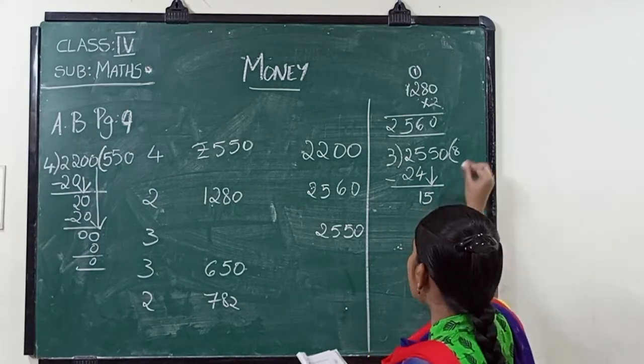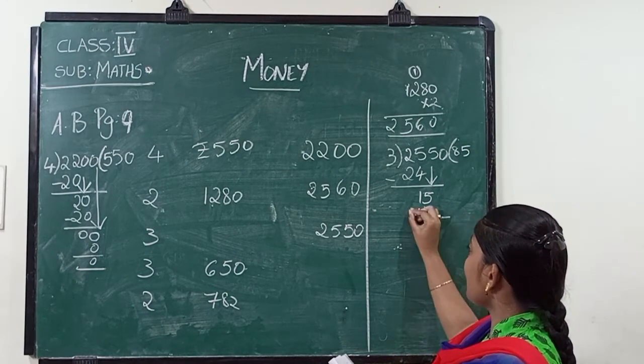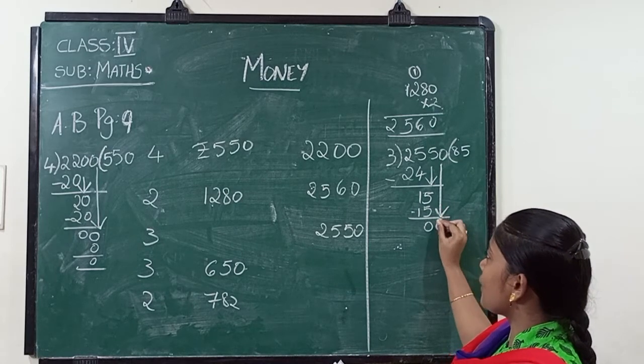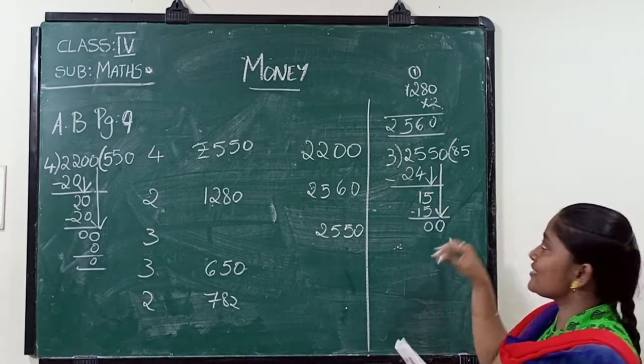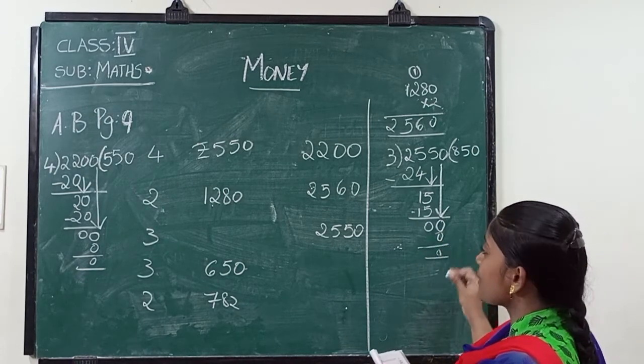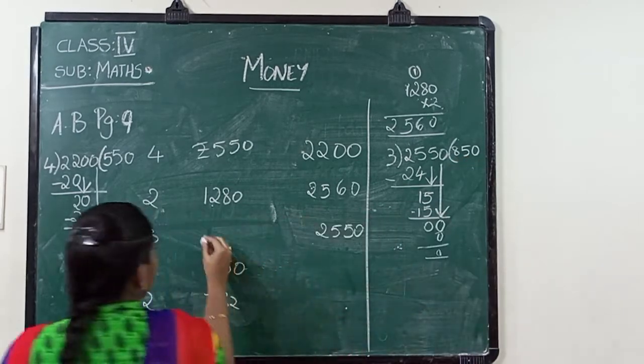So 3 5s are 15. 15 minus 15 is 0. And again bring down the 0. 3 zeros are 0. So what is the cost of one frock? Rupees 850.